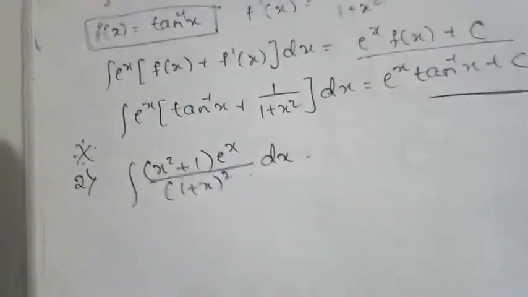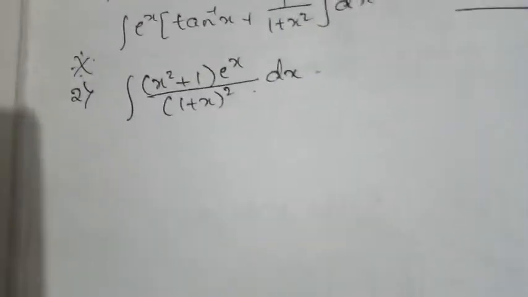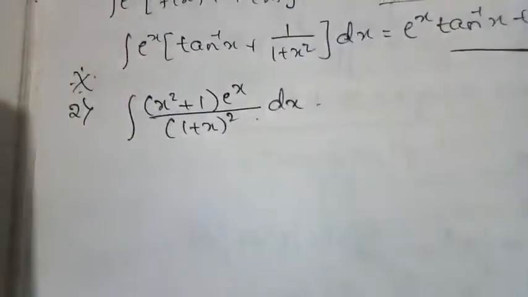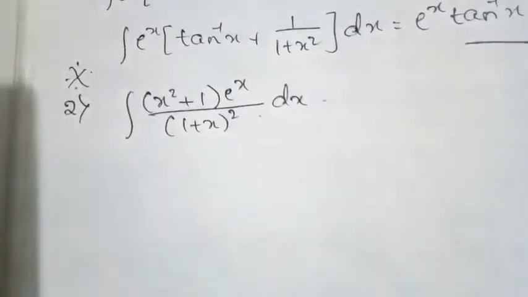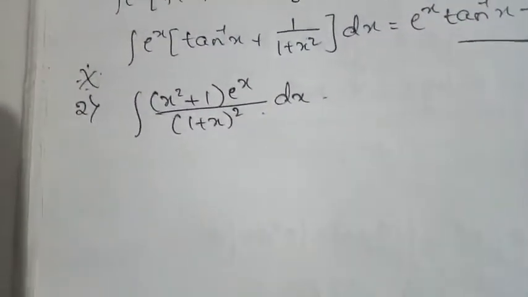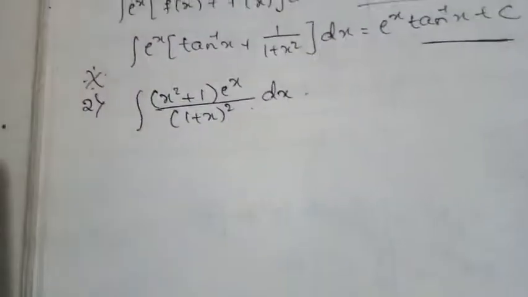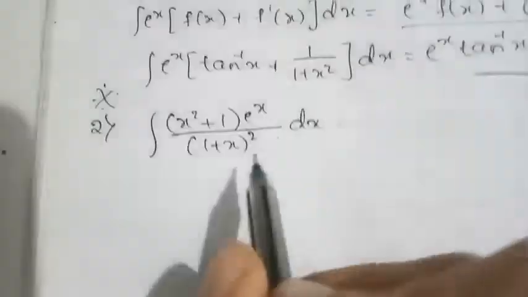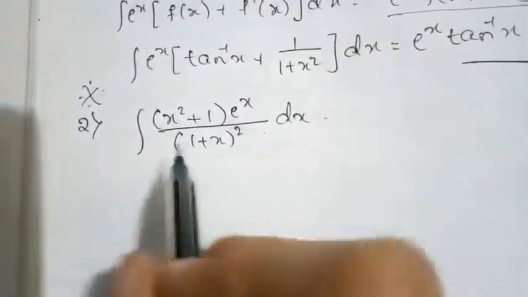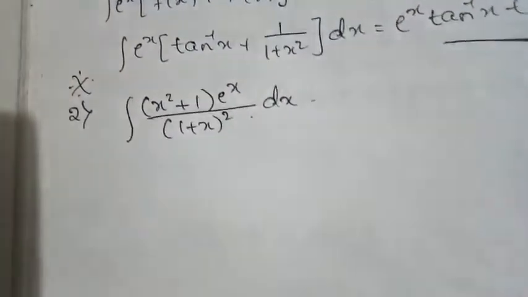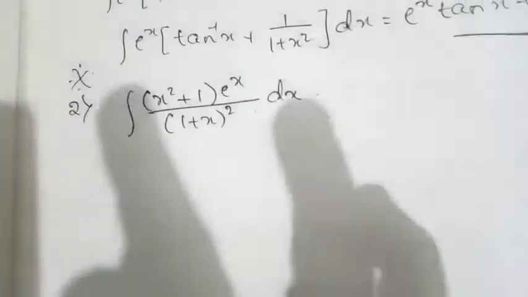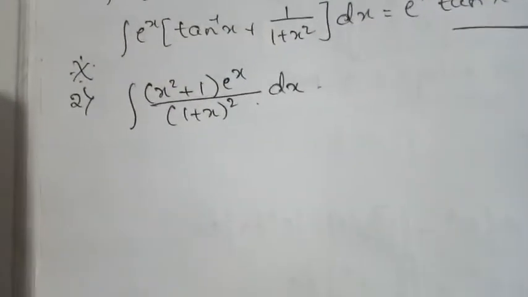Observing this question, it is clear that we cannot deal with it by the substitution method, because there is no derivative of any function visible here. The next is trigonometric identities. We cannot simplify this by substituting any trigonometric identities either.